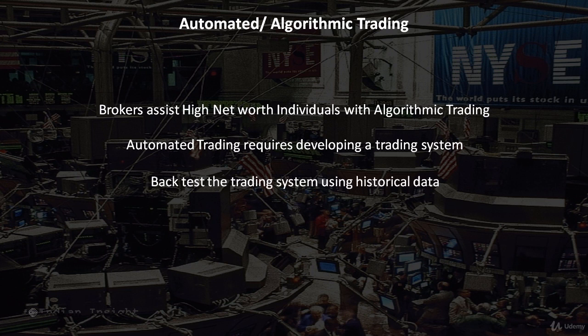Before deploying any trading system in the market, one needs to backtest this system using historical data to determine if the trading system has been profitable in the past. This essentially means that the trader may need to create and test multiple trading systems before he comes across a profitable trading system.